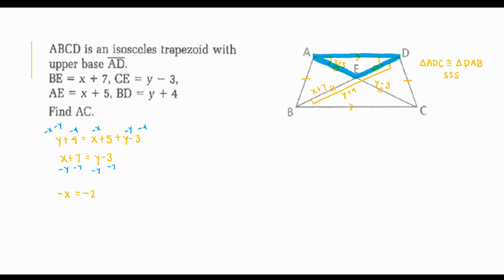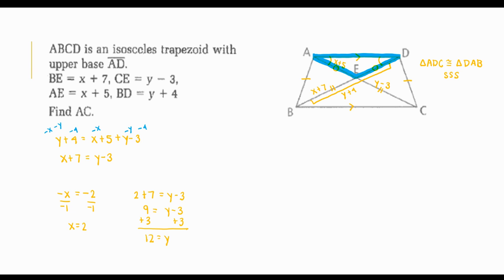So that's going to give us a negative 2. So right off the bat, we can solve for x. We can divide by negative 1, so x equals 2. So I technically didn't even have to manipulate that bottom equation, because once I get x to be 2, I can substitute 2 in. If I plug 2 in for x, I'll have 2 plus 7 equals y minus 3. So that gives me 9 equals y minus 3. I'll add 3, and that gives me y equal to 12.